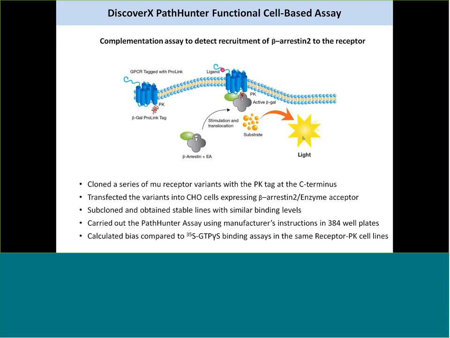It has the ability to have high throughput, and we were able to do these reactions in 384 well plates very efficiently. We then calculated the bias by comparing the S35 GTP gamma S binding in the same receptor cells as we did the PathHunter assay, so that the GTP gamma S binding is actually in the cells that have the receptors with a PK tag.